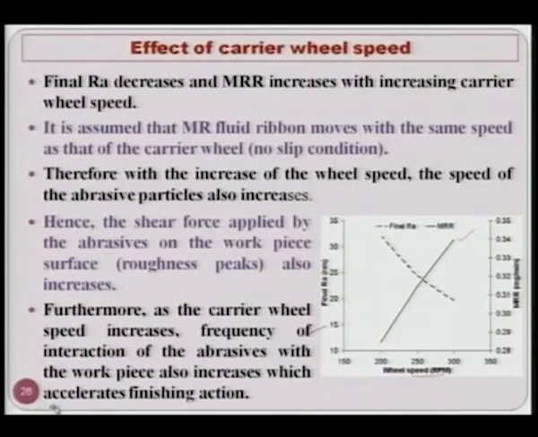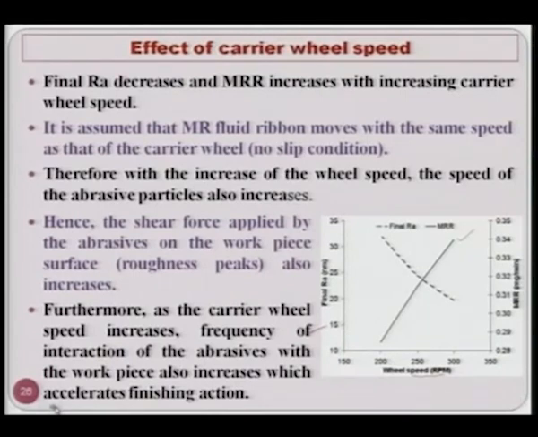Furthermore, as the carrier wheel speed increases, the frequency of interaction of the abrasives with the workpiece also increases, which accelerates the finishing action, as I have already explained, that interaction between the abrasive particle and the workpiece increases as the rotational speed of the carrier wheel increases.